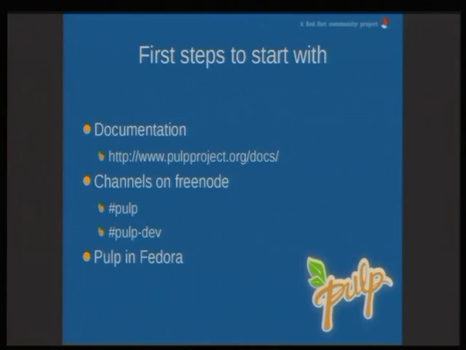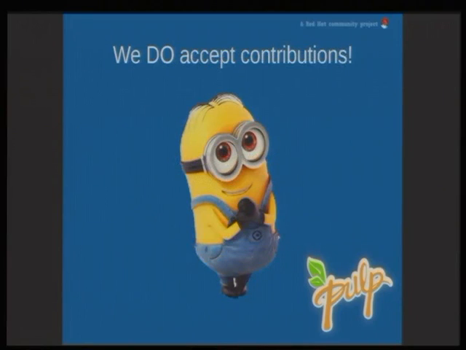I also want to mention that Pulp is in Fedora Rawhide, so why not just go and install it, because it's easy. And last but not least, we do accept contributions.